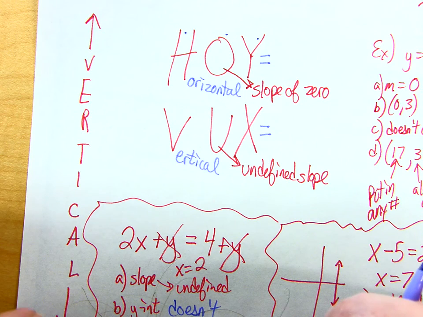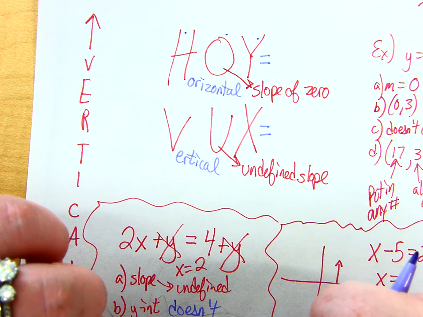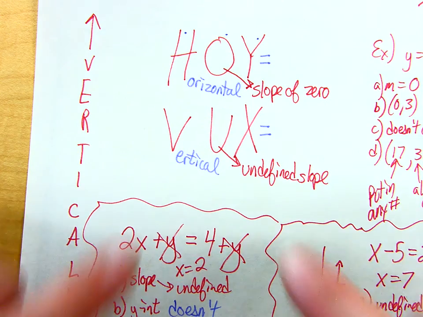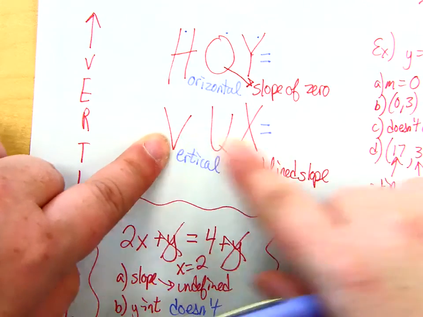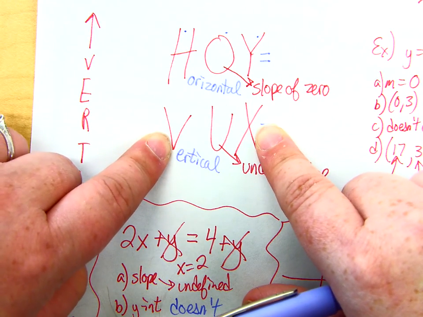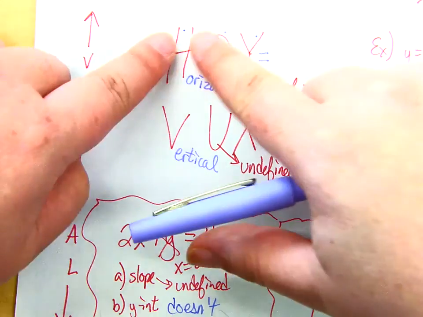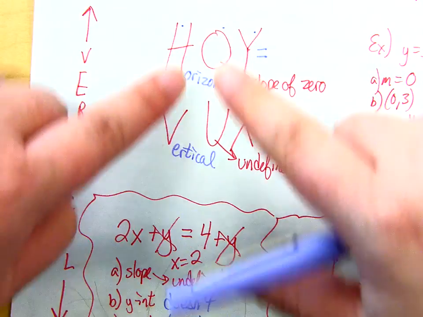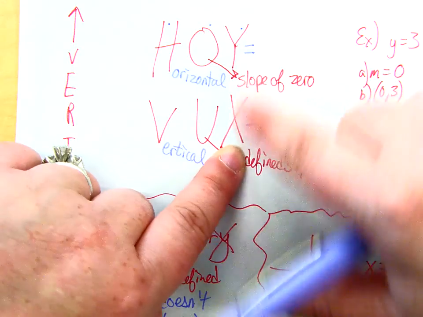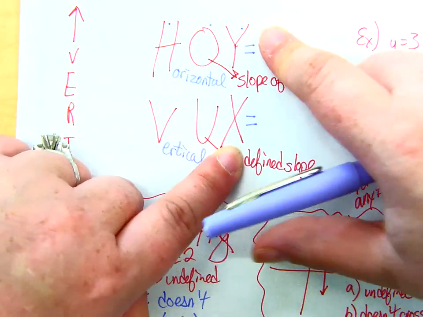Later, when we are writing equations of lines, and I say, give me the equation of a line with an undefined slope, you're like, oh, undefined slope, that's vertical, so I'm down here, and I would have x equals something. Does that make sense? So you're looking for any one of the three pieces will tell you where you need to be. So in this case, I was giving you either x equals or y equals, so that will tell you which one you need.